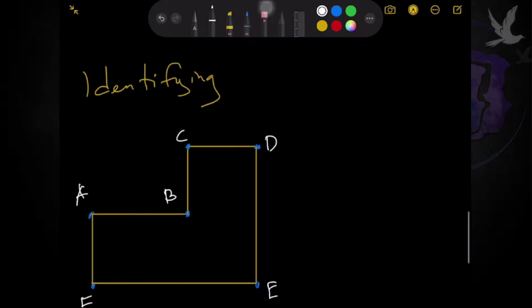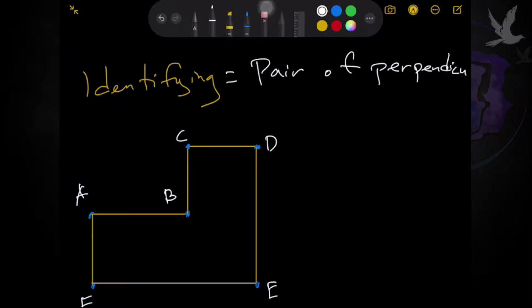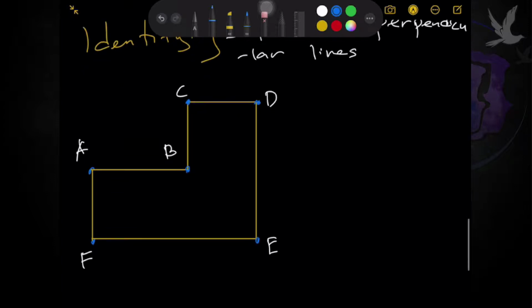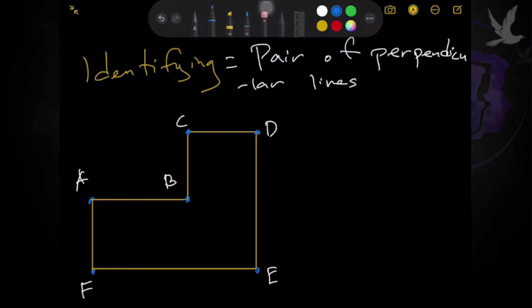Identify pairs of perpendicular lines. Okay. So, let's look for them. All you need to do is to find pairs that are connected and that form the right angle.